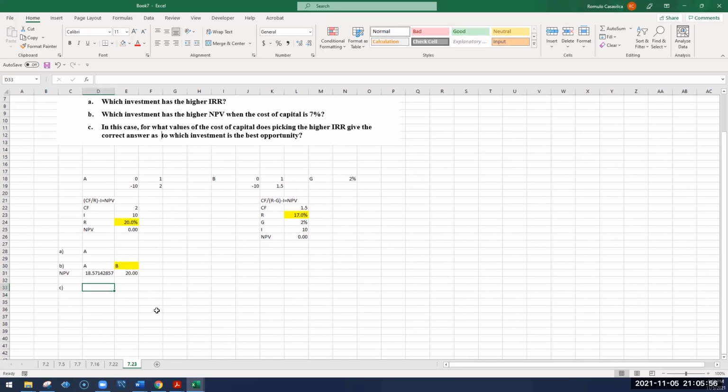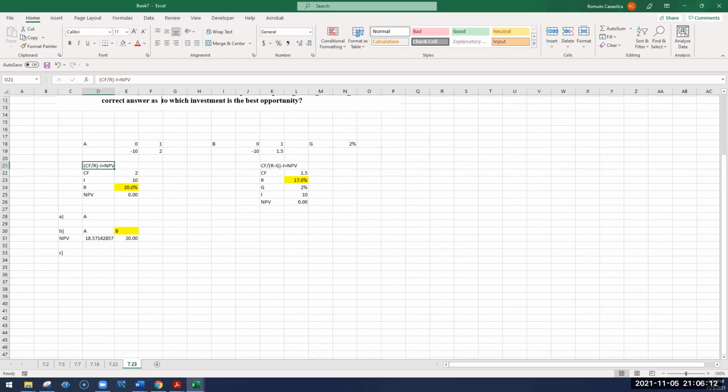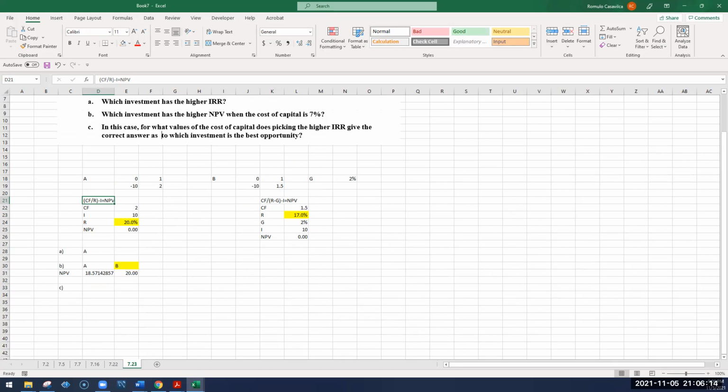If you match these two equations, you need to solve for R, because there's an intersection between these two.